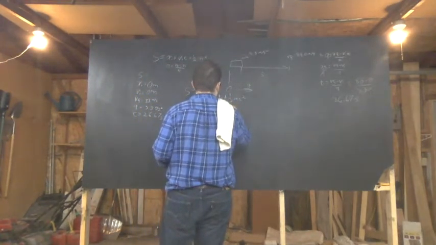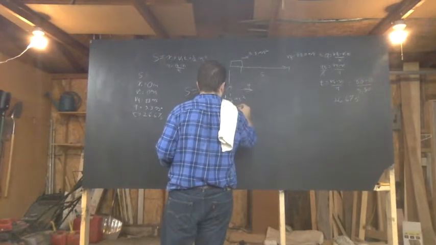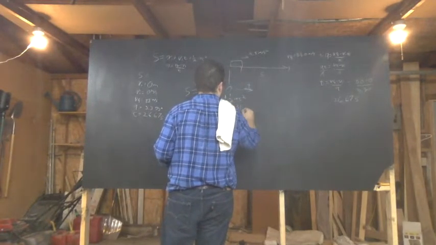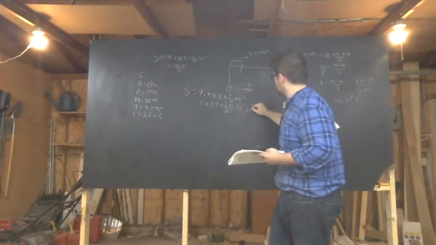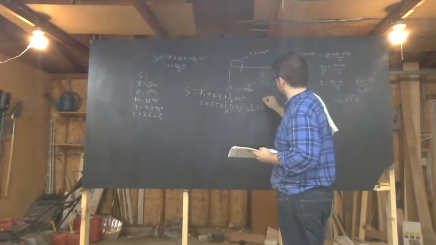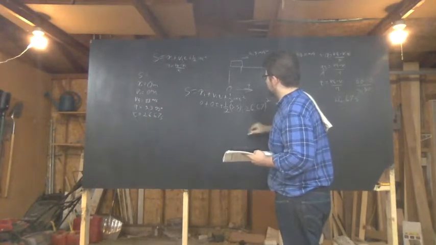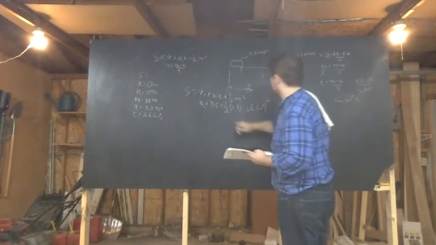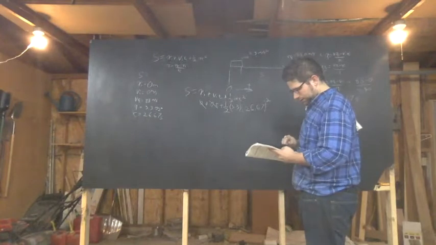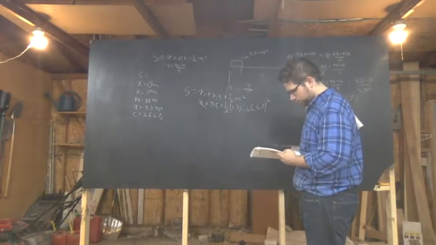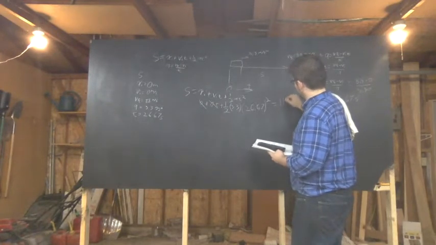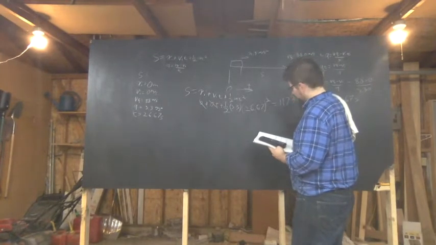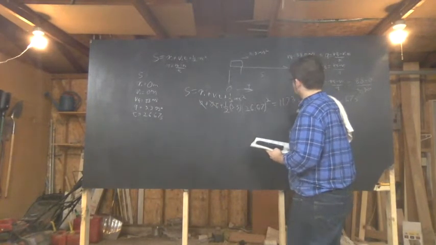Plus 1 half 3.3 t squared. T is going to be 26.67 squared. So my zeros drop out, and then I just do this calculation. 1,173.6 meters.